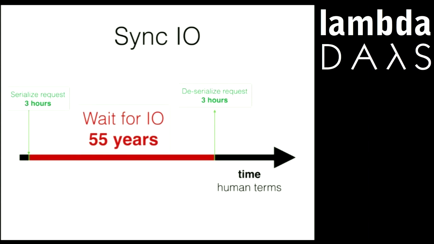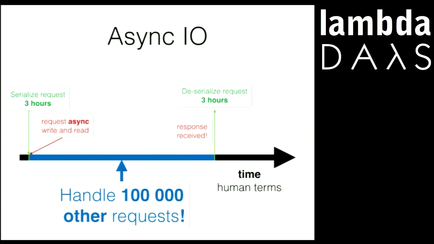So obviously, in these 55 years, you can do a lot. So now, if we instead use asynchronous API, after serializing the request, we would just schedule the asynchronous write, and our thread could handle 100,000 similar requests in the meantime before the response came back.